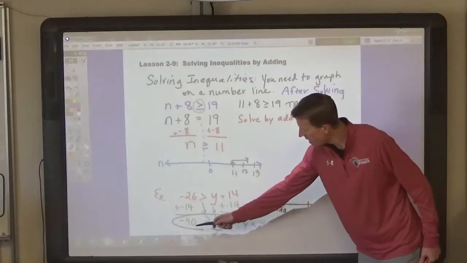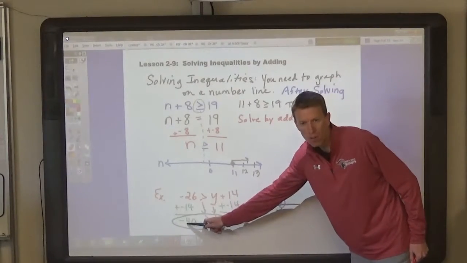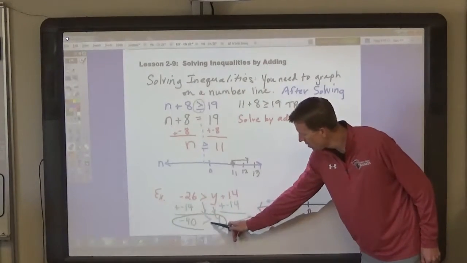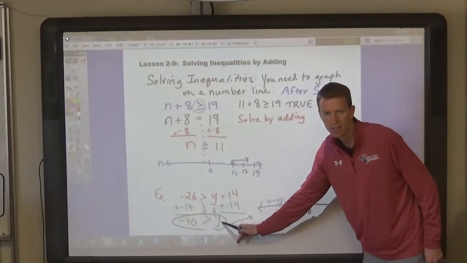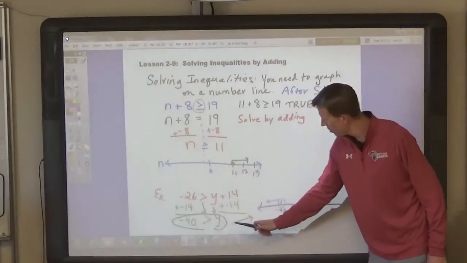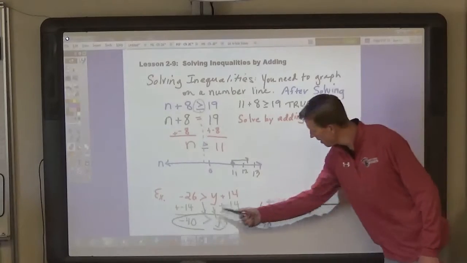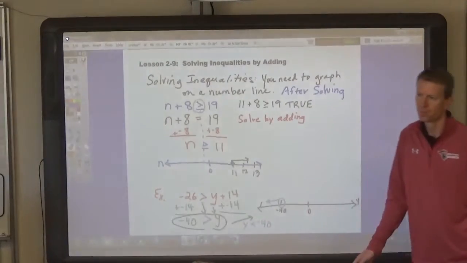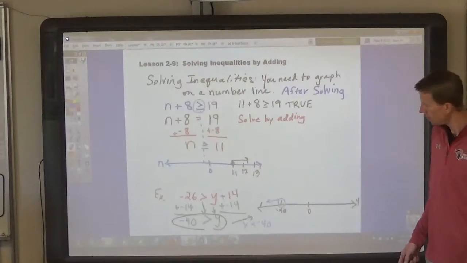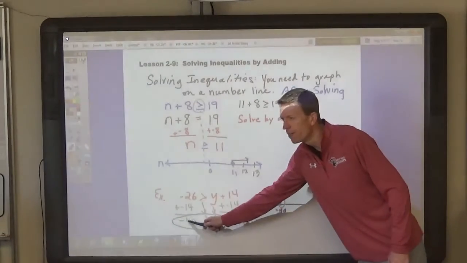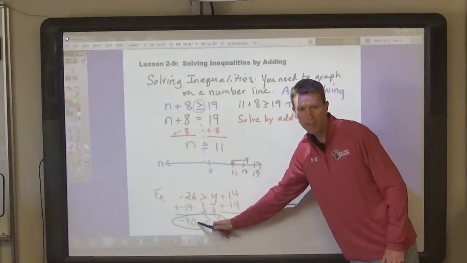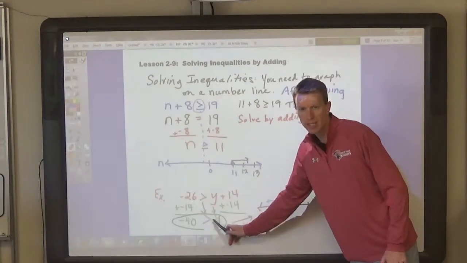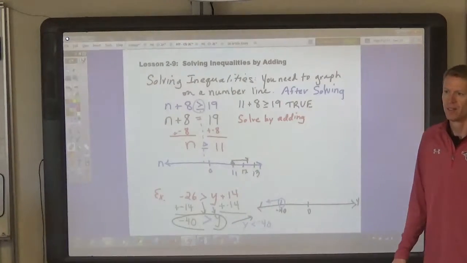But then when we get to the end, negative 40, it says negative 40 is greater than y. We can't graph this by pointing or shading the same direction as the arrow. Why not? Yep, because the number is written first. So when the number is written first, then you have to shade the opposite way. Okay?